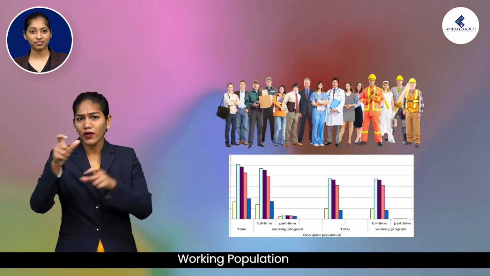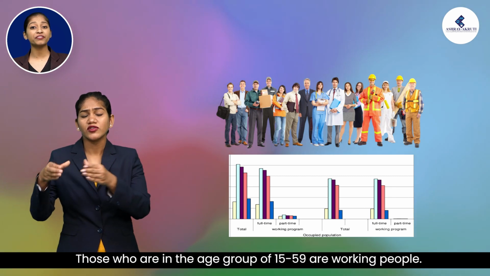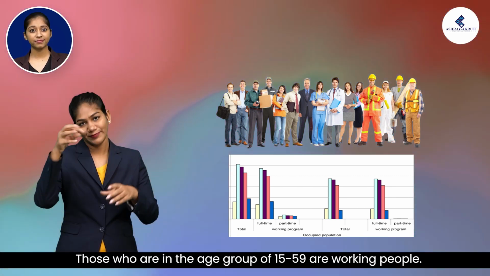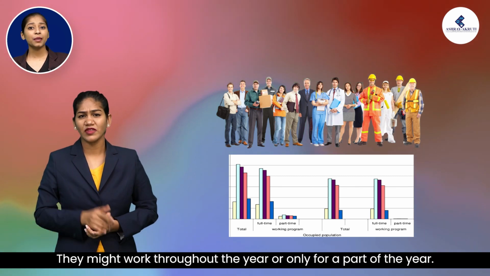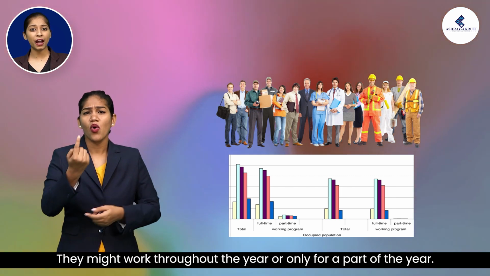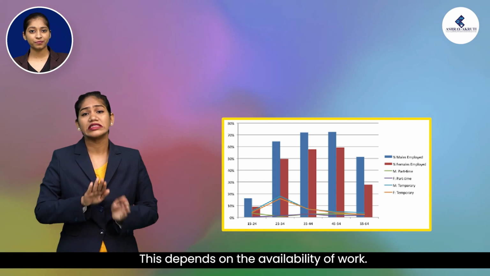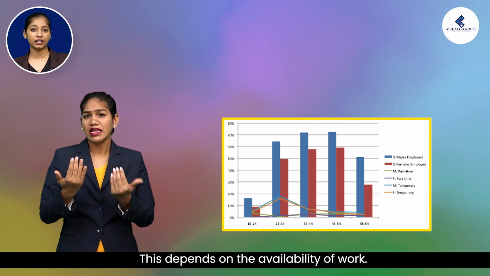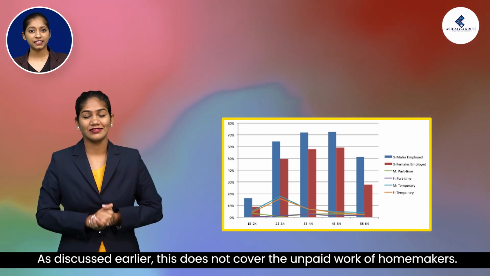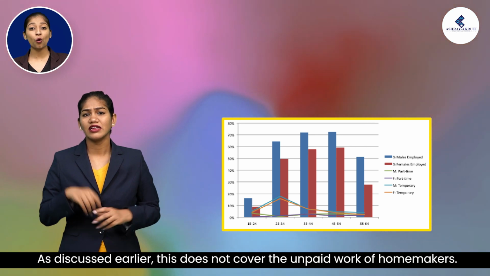Working population. Those who are in the age group of 15 to 59 are working people. They might work throughout the year or only for a part of the year. This depends on the availability of work. As discussed earlier, this does not cover the unpaid work of homemakers.